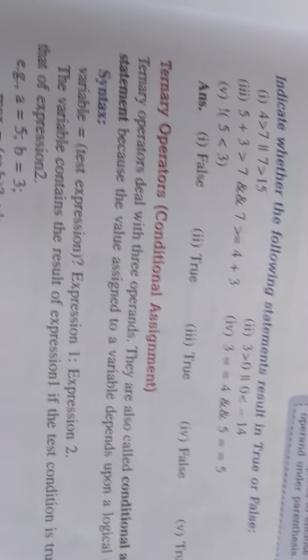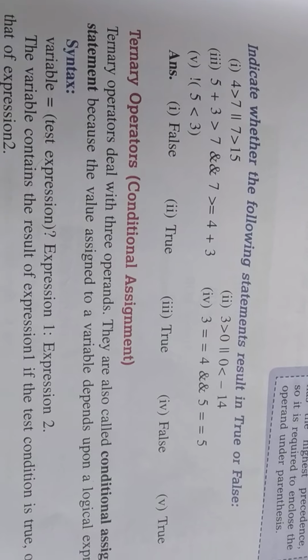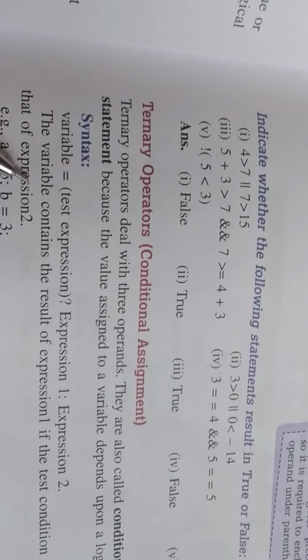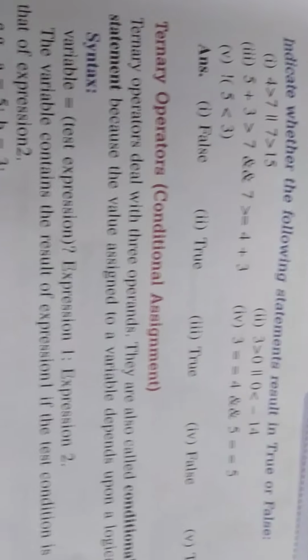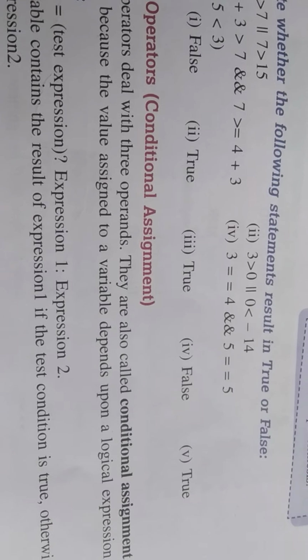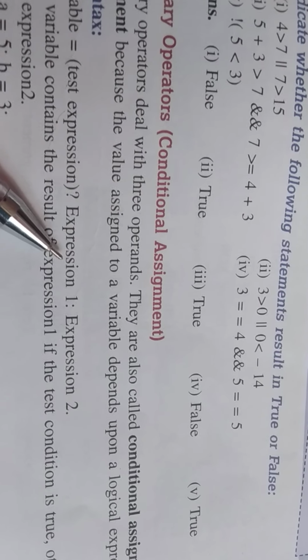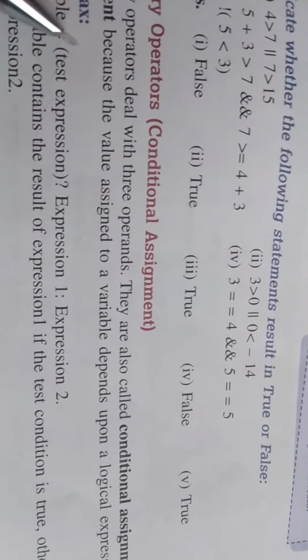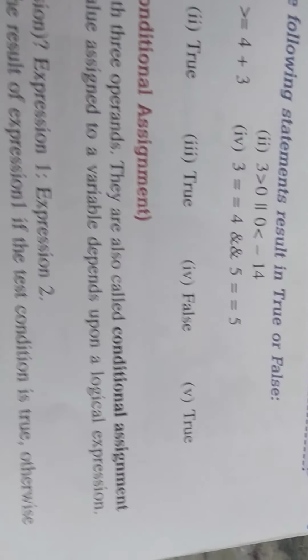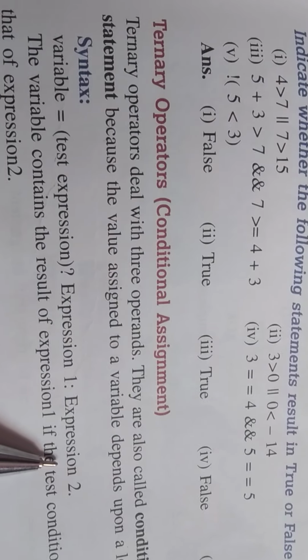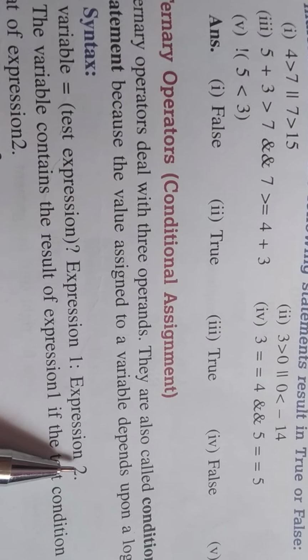The variable contains the result of expression 1 if this test condition is true, otherwise that of expression 2. If the condition is false, then it will do the operation written in expression 2.